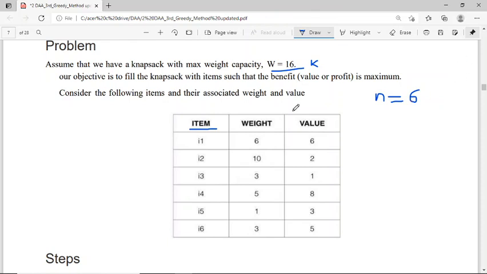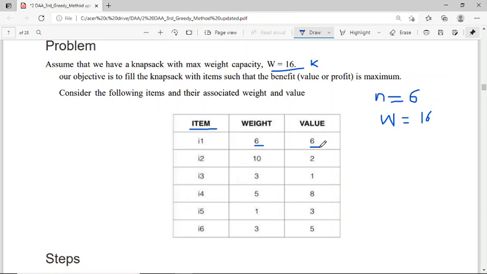Then weight and value. W is equal to 16. Item 1 has weight 6 and value 6.